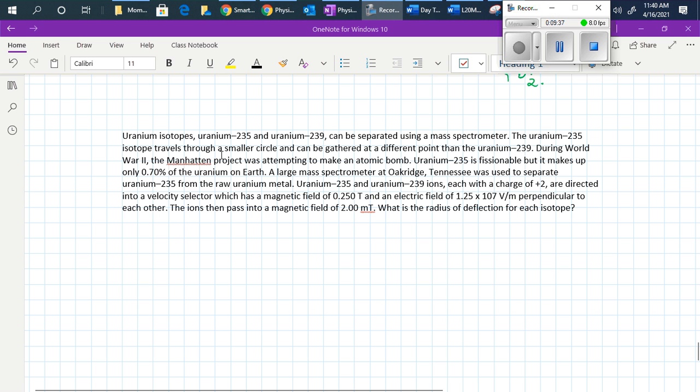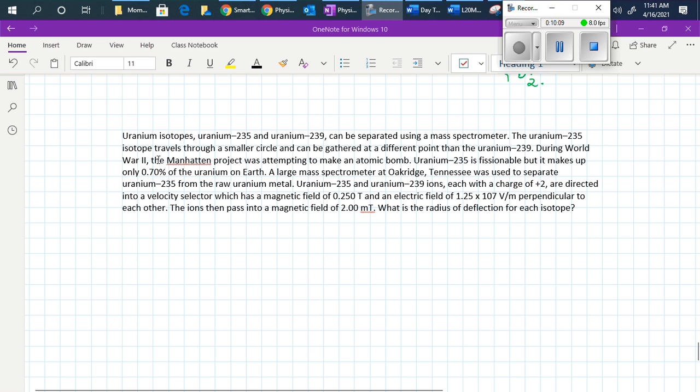Uranium-235 travels through a smaller circle and can be gathered at a different point than uranium-239. So it is simply the principle of the mass spectrometer that we have talked about. And this is what I suggest you do: read the question and say, oh, where does this belong? Mass spectrometer. And then flip the page in your brain to mass spectrometer.